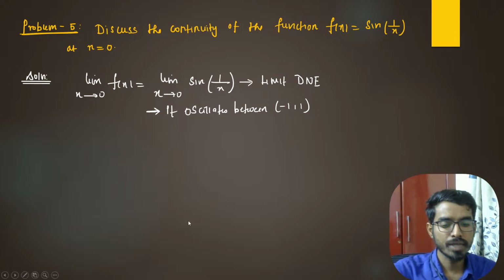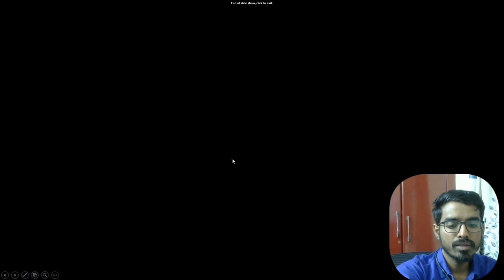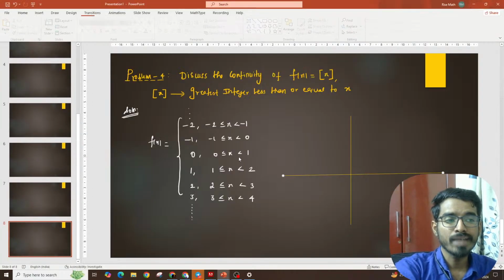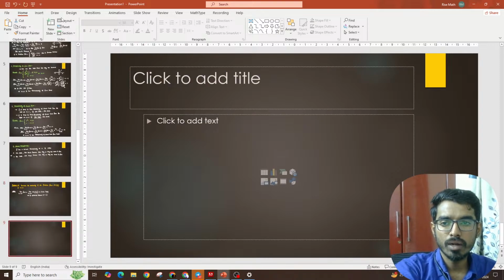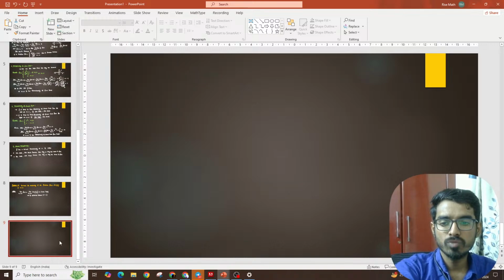I will show the graph of sin 1 by x. So always remember at x is equal to 0, sin 1 by x graph oscillates between minus 1 and 1.